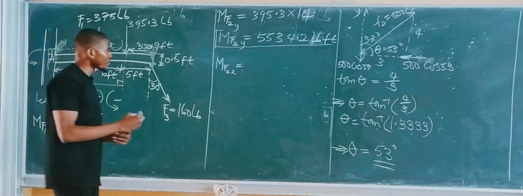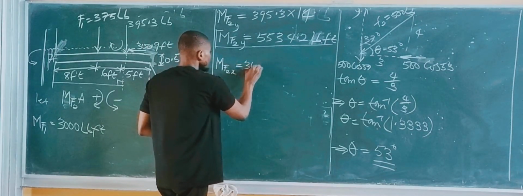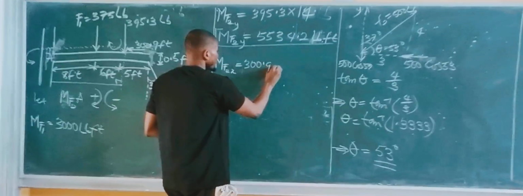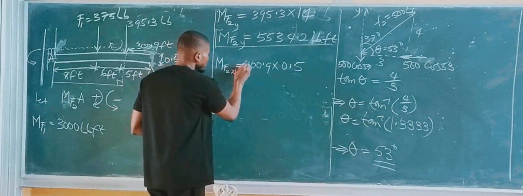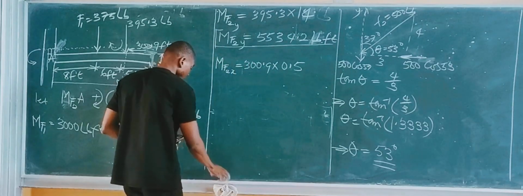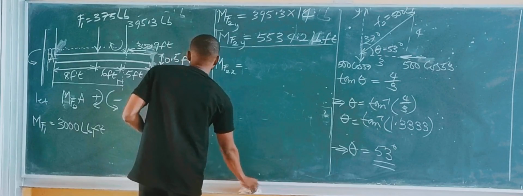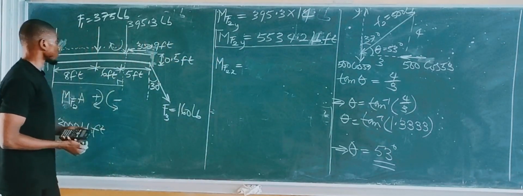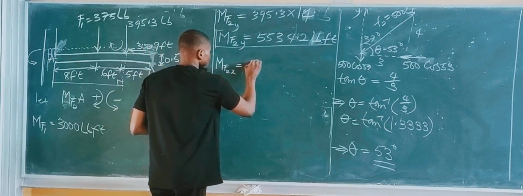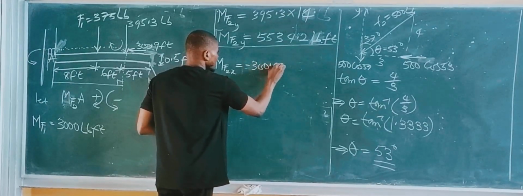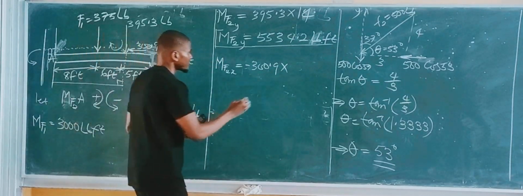Okay, so the moment of that force becomes 300.9 multiplied by 0.5. Since it's anti-clockwise, it becomes negative: the force 300.9 multiplied by distance. Distance now is this height, which is 0.5.